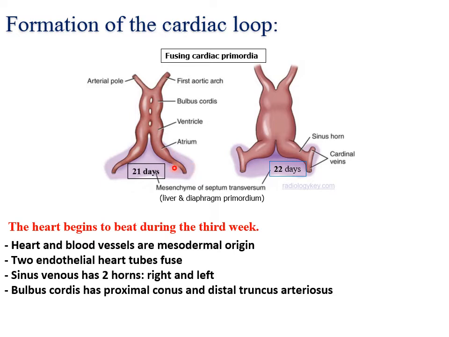This is very important. This is by day 21. With complete fusion of this, they become the truncus arteriosus. Distally to them there will be the aortic arch and the arterial pole.